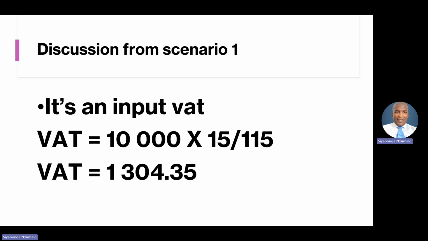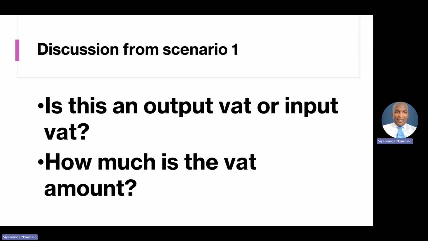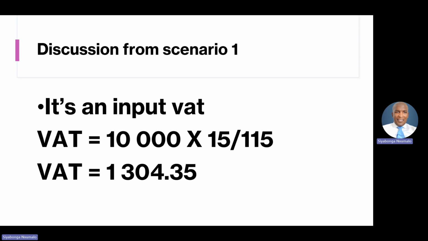And then how much is the VAT amount? Because the VAT is already included in the 10,000. Because when you go to any shop, the amount that you are going to pay includes VAT. So even in this 10,000, the VAT portion is already included. So the calculation is different. For you to get the VAT amount, you will take your amount including VAT, which is 10,000 in this case, times it by 15, divide it by 115, and then you're going to get your VAT portion.